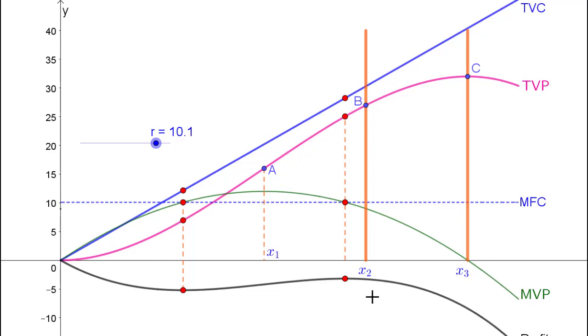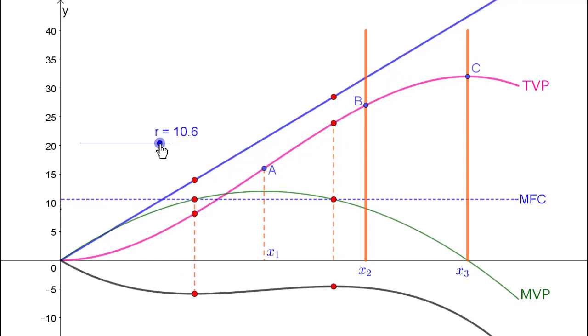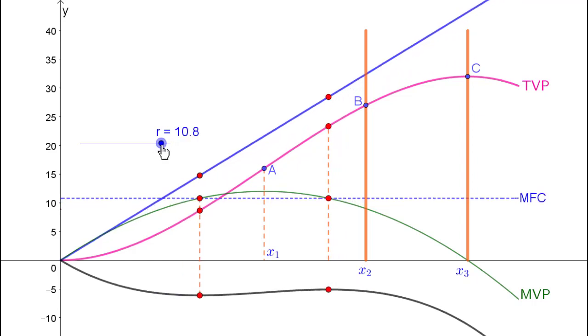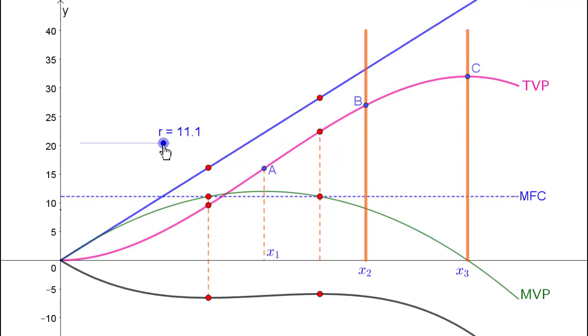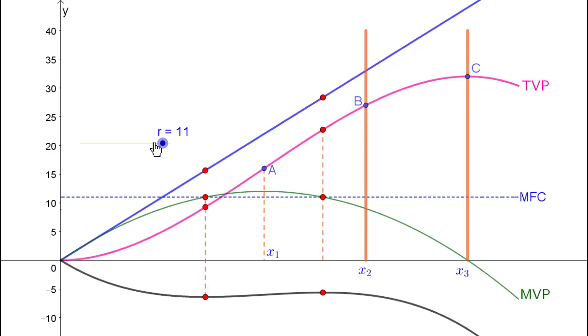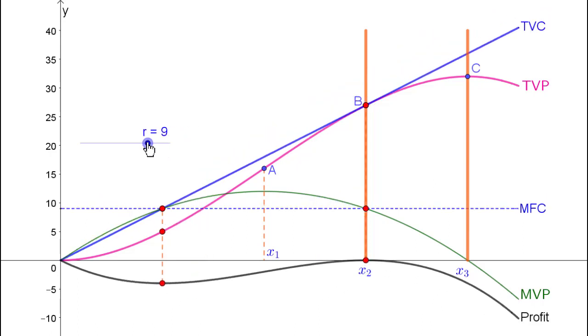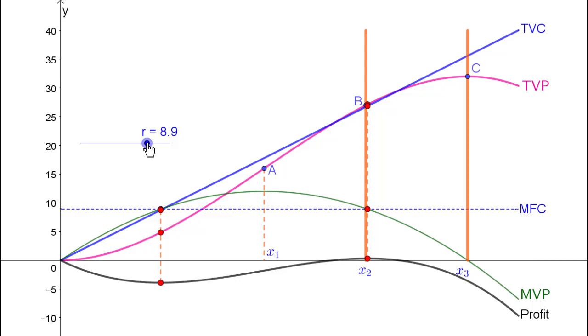So your profit is negative. And if you increase your variable cost more, you can see that the profit is going to be more negative.